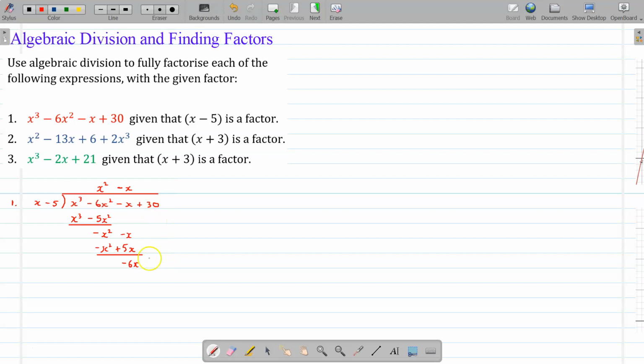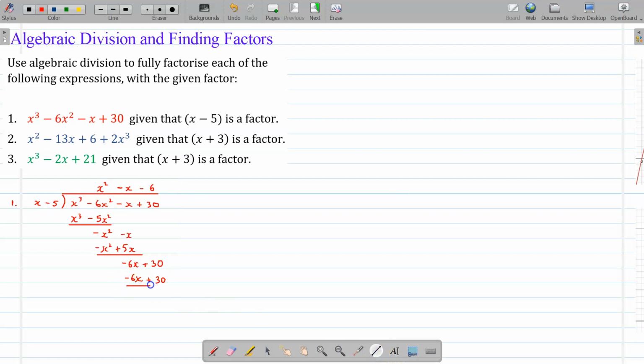Okay, and then we bring down from the top the 30, and we say, how many times does x minus 5 go into minus 6x plus 30? Well, x goes into minus 6x minus 6 times. Okay, and minus 6 times x is minus 6x, and minus 6 times minus 5 is plus 30. And then we do the subtraction to see what's left over.